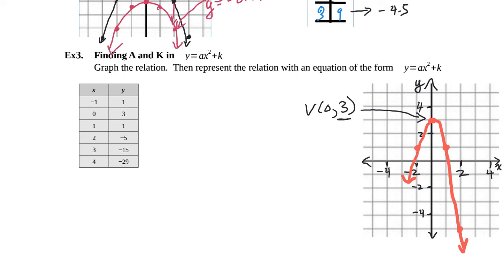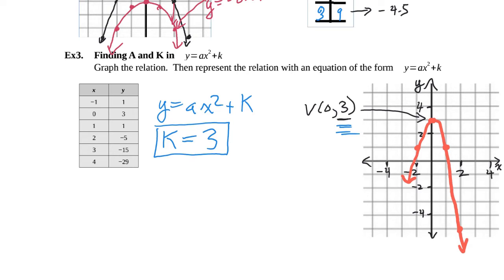So that means in our original equation, y is equal to ax squared plus k, this is k. So k is equal to 3. So k always comes from this vertex every single time.